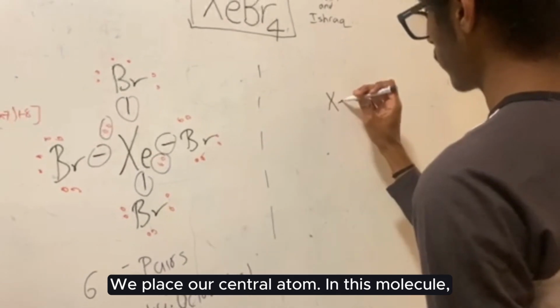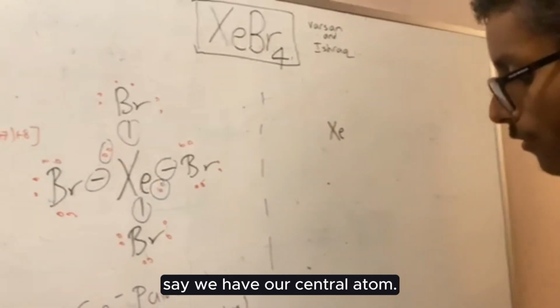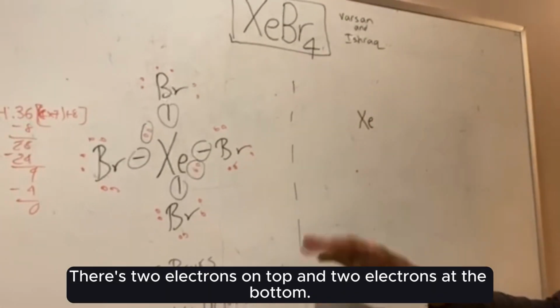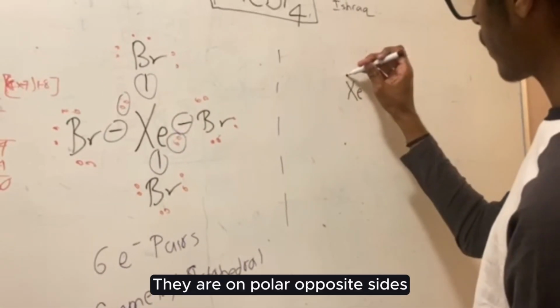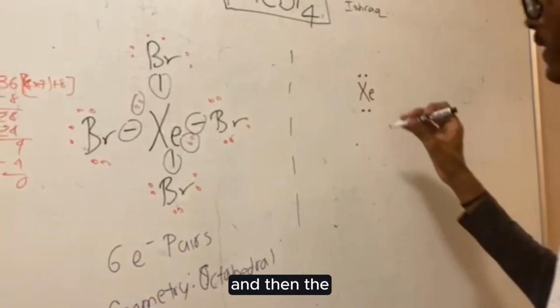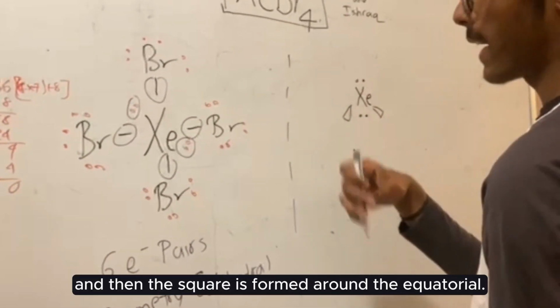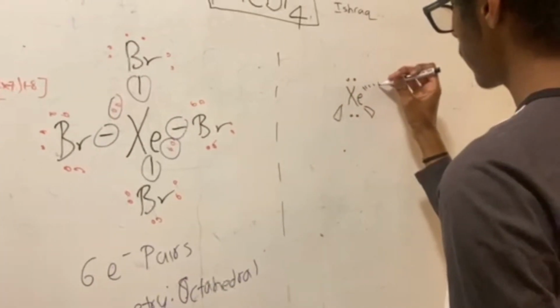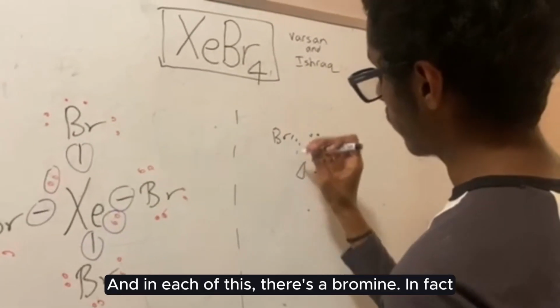So this is our central atom. There are 2 lone pairs on top and 2 at the bottom, on polar opposite sides. And then the square is formed around the equatorial plane, and in each of these positions there's a bromine.